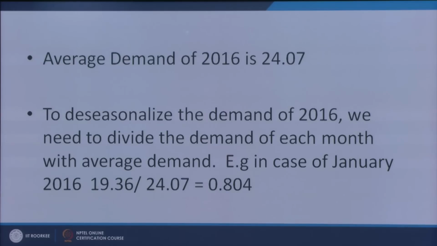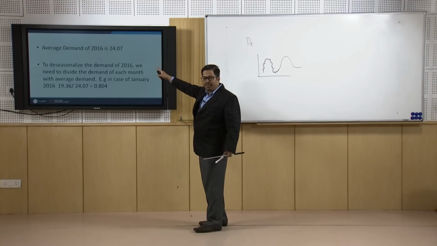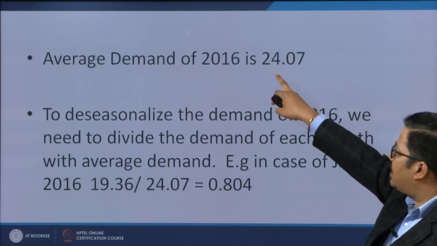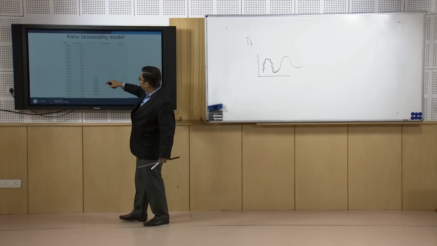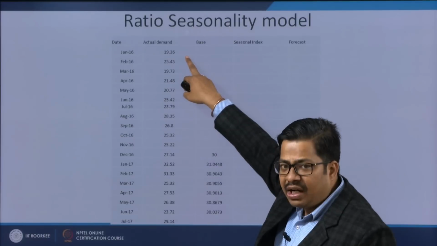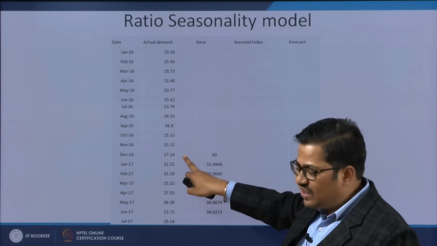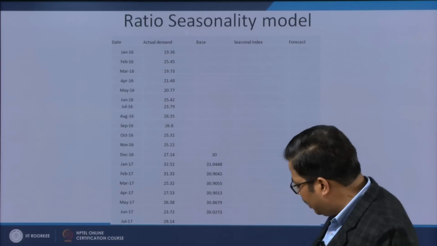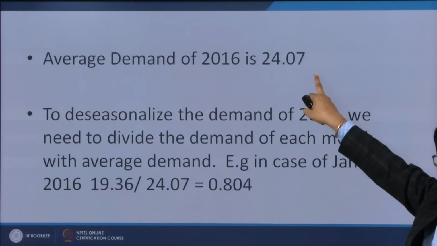The average demand of 2016 is 24.07, which we get by summing the demand from January 2016 to December 2016 and dividing by 12.